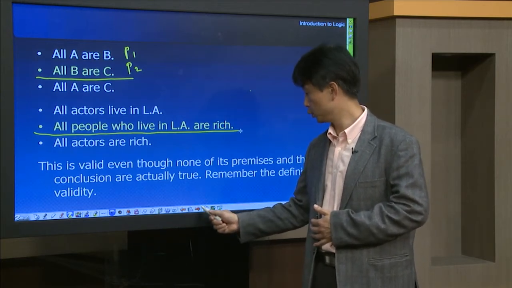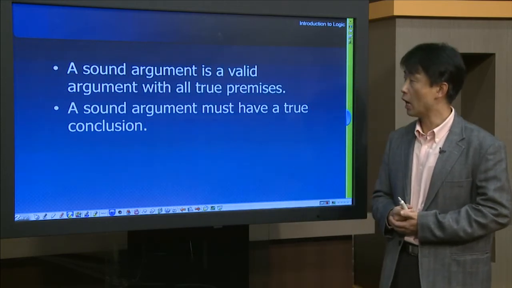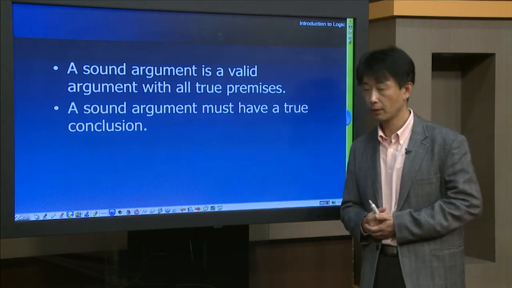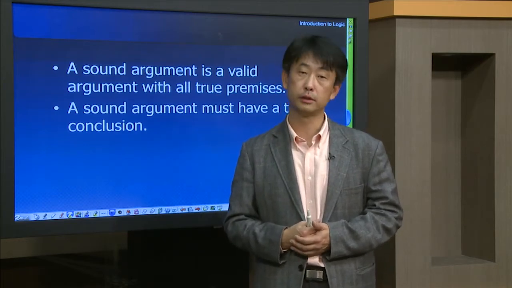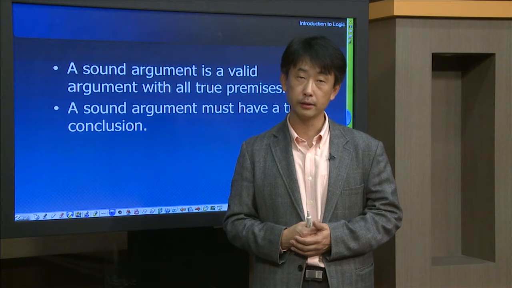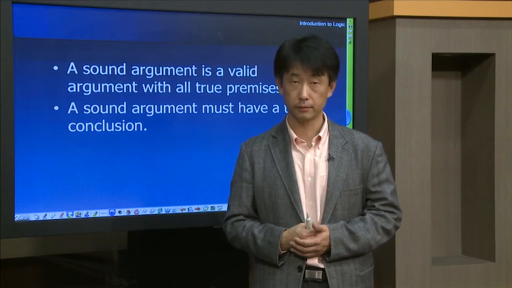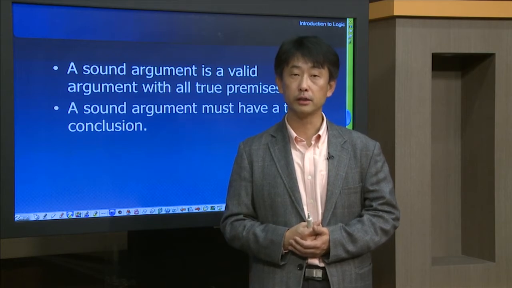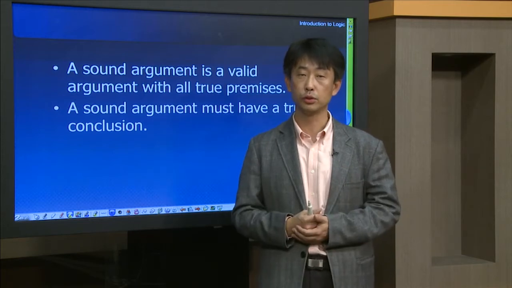Let's move on to the definition of soundness. A sound argument is a valid argument with all true premises. Now, the previous example of a valid argument illustrates that some valid arguments may have false premises. That's possible. So we can have the definition of soundness, which is stronger than the condition of validity.